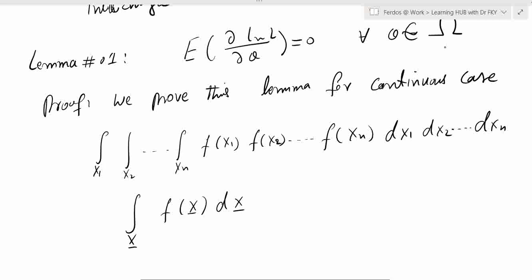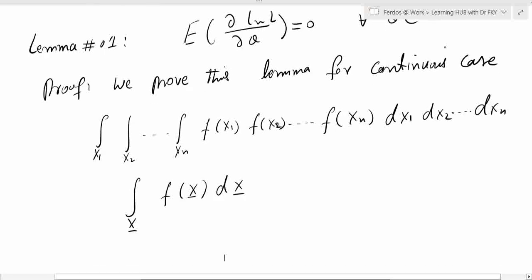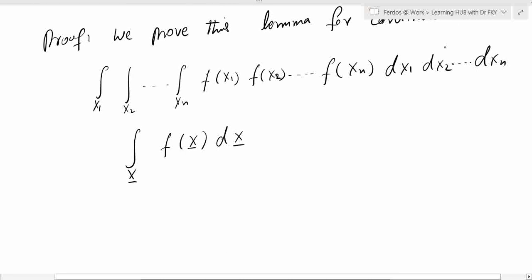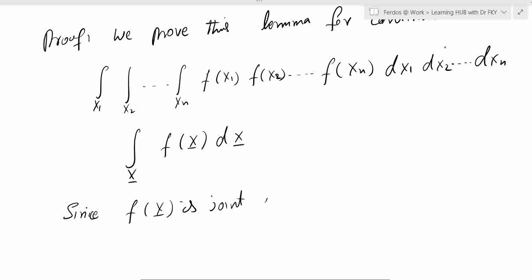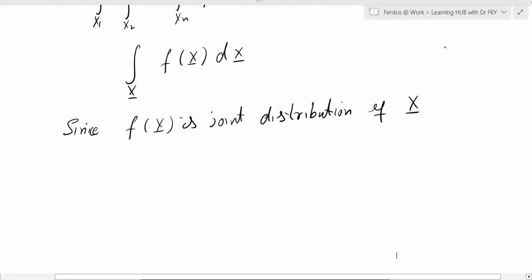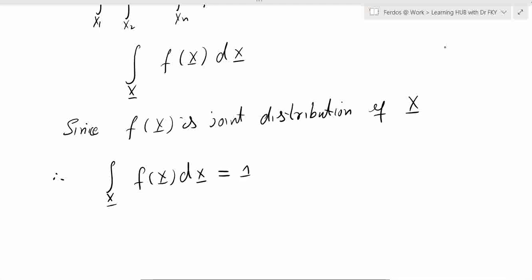Since f of x is the joint distribution of x, we can write that the integral of this over dx is equal to 1, as we know from probability theory.